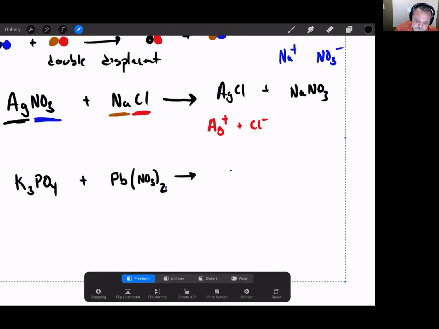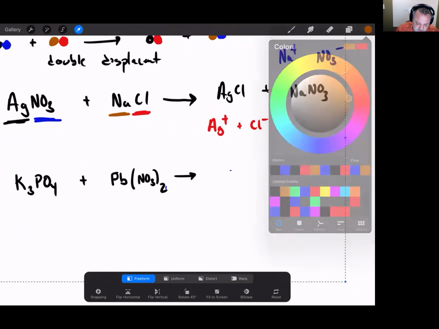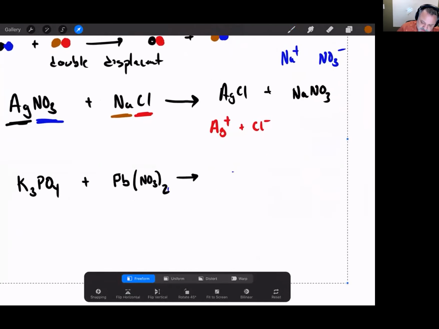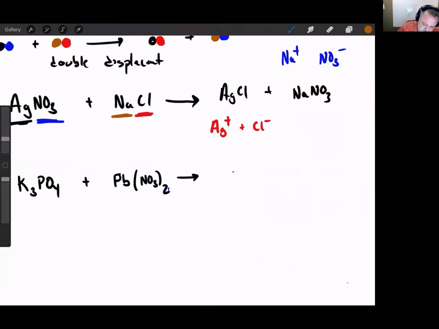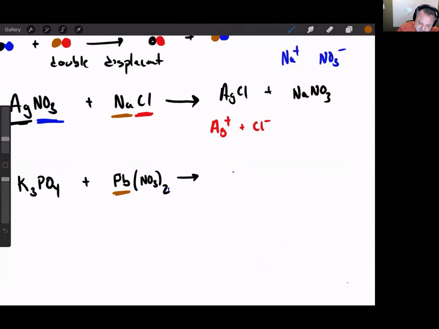Okay, so I want to use one more time. I want to color code. This will be the last time I do this though. I want to color code the reactants so we can see A, B, C, and D. One way to look at a double replacement reaction is to say AB plus CD forms AD plus CB.